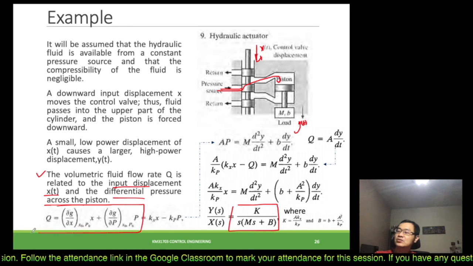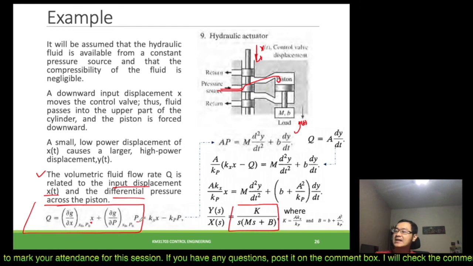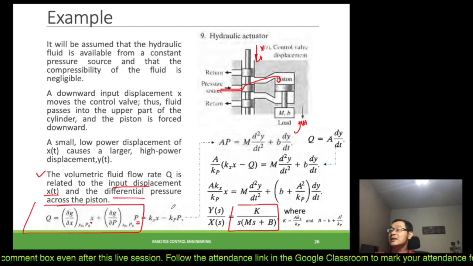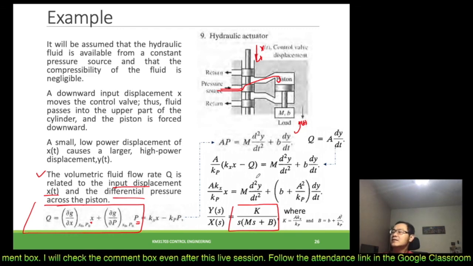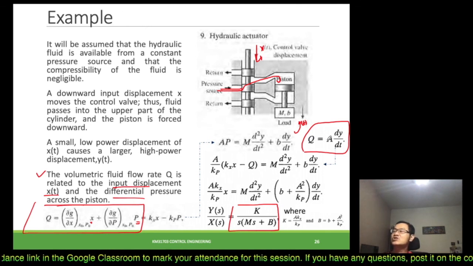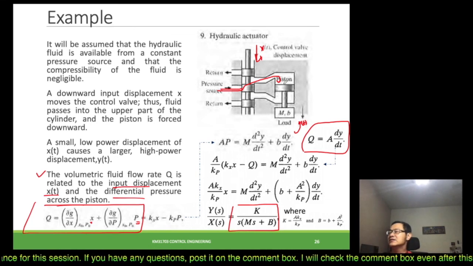So let's simplify them, and it must be written as kx minus kp P. Then we also know that the volumetric flow rate is related to volume, so it is related to a constant area, the area of the piston, and how much it goes up and down, dy over dt.